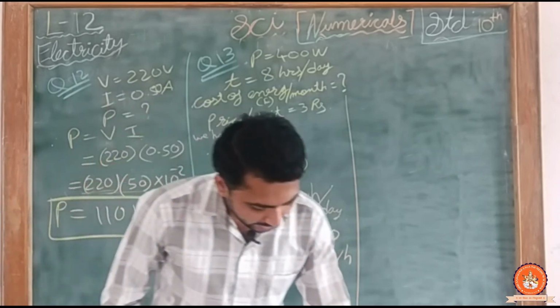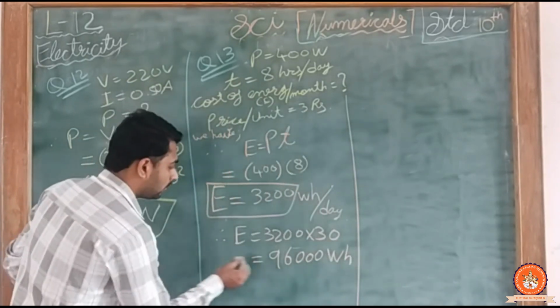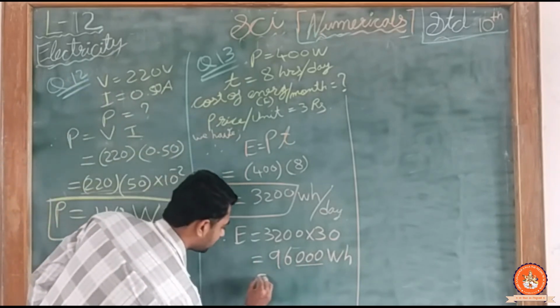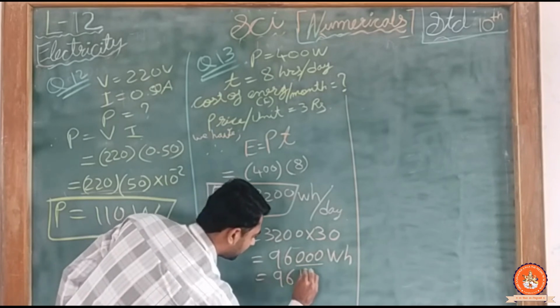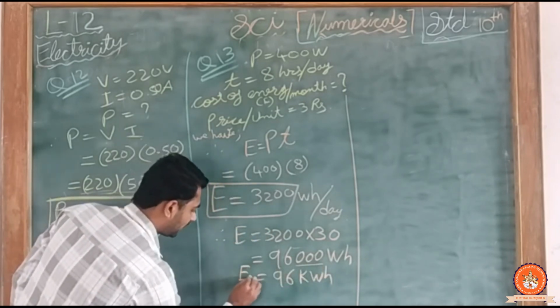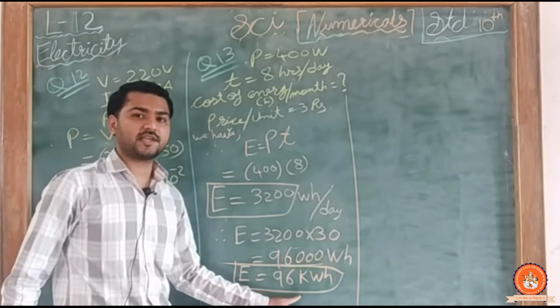Now, after doing this, we get to know that these are my 3 zeros. So I can write like this: 96 kWh. K means 1000. So I get the value of my energy. That is E is equal to 96 kWh.